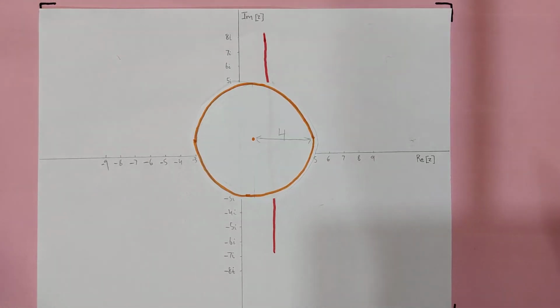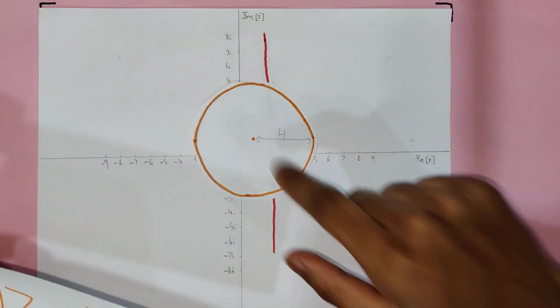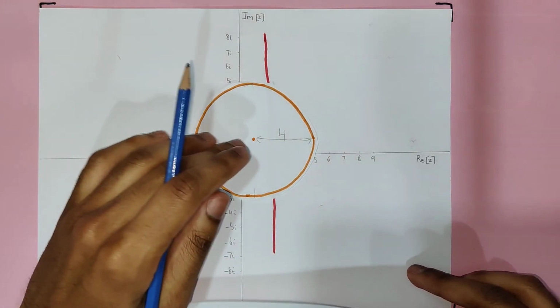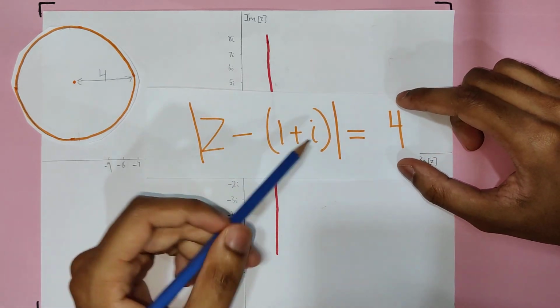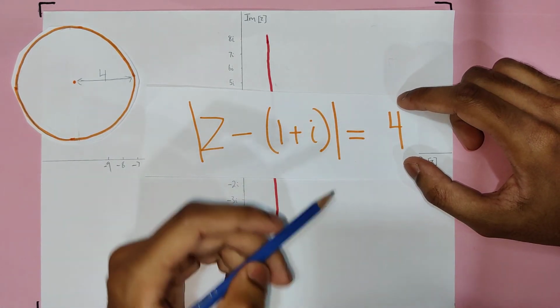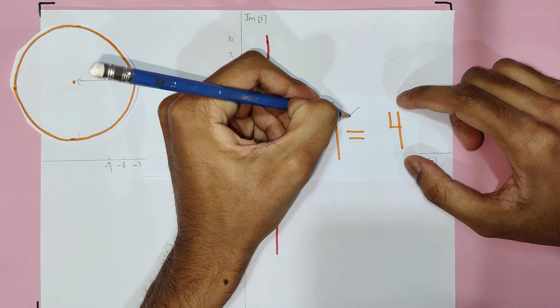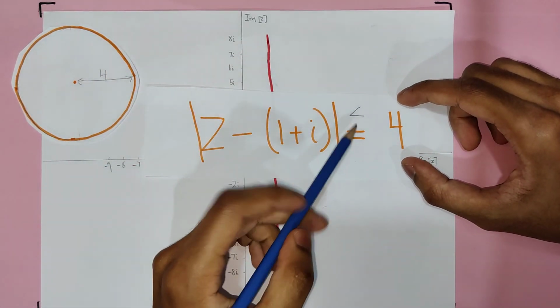So before I close off, let's just take a quick look at what happens when you introduce inequalities into loci. This is the original circle that we had. I'm going to put that aside for a moment. So let's suppose instead of mod of z minus 1 plus i is equal to 4, they said less than 4. What would that represent?